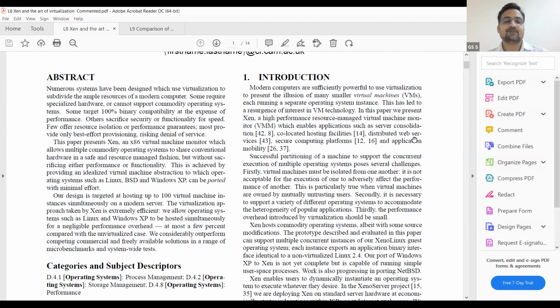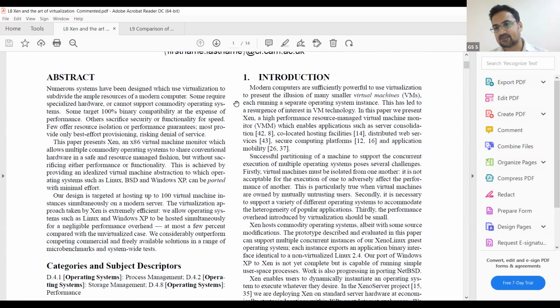So the first idea about Xen can be taken from the abstract. Let me talk about what they are saying. I'll read it because I want you to read it with me. I hope this is visible. Numerous systems have been designed which use virtualization to subdivide the ample resources of a modern computer. Some require specialized hardware or cannot support commodity operating systems.